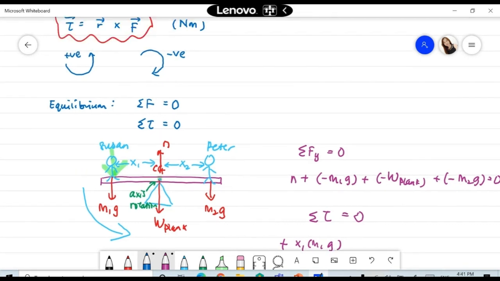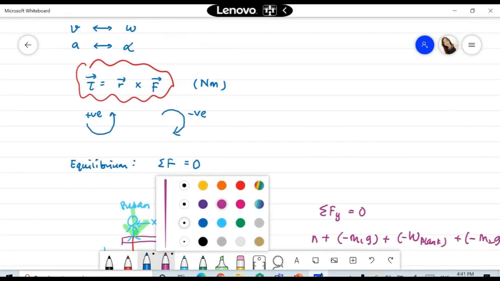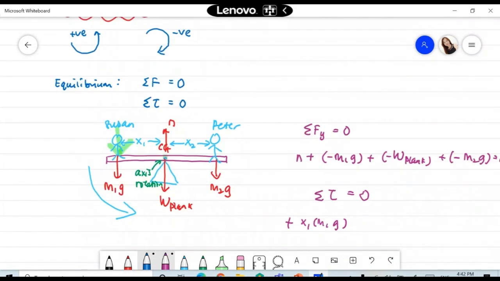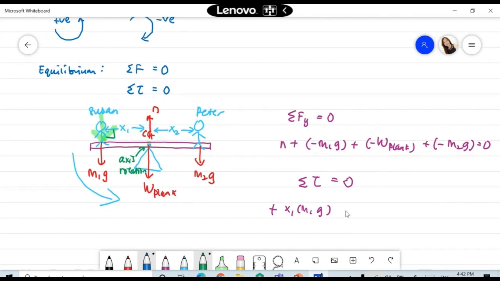We also know that R cross F is equal to RF sine theta, where theta is the angle between R and F. Here m1g is a gravitational force, the lever arm is x1, and the angle between x1 and m1g is 90 degrees, and therefore sine 90 is 1. So you can just ignore the sine 90 and write x1 multiplied by the gravitational force m1g.